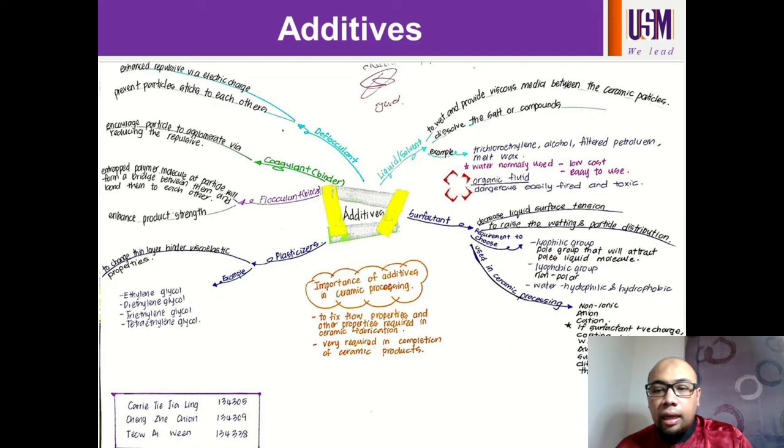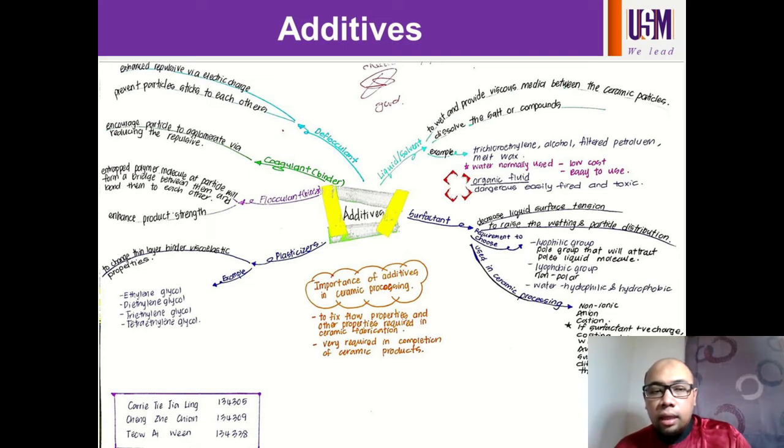Additives can also work as a liquid or solvent to provide viscous media between the ceramic powder and to dissolve the salt of the compounds. The additive also works as a surfactant to decrease liquid surface tension, normally used in ceramics processing. They have non-ionic and anionic cationic agents.